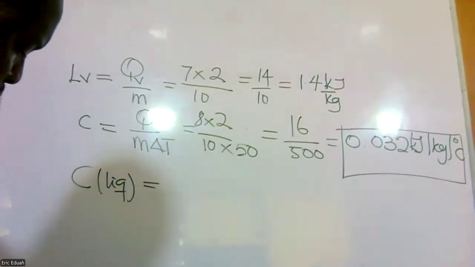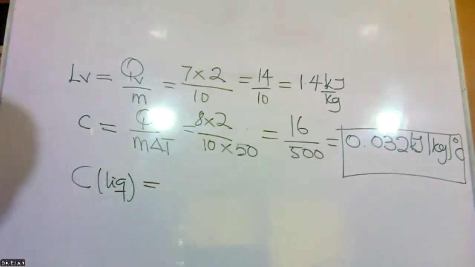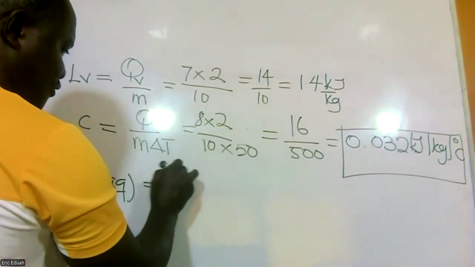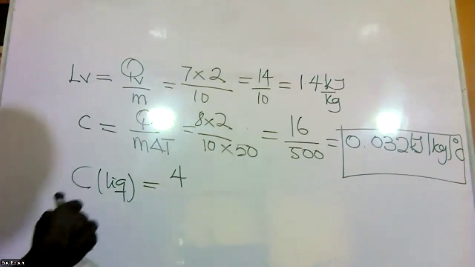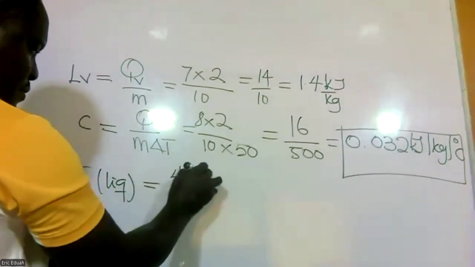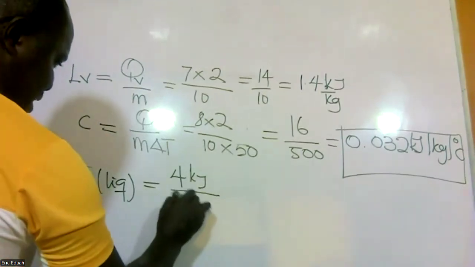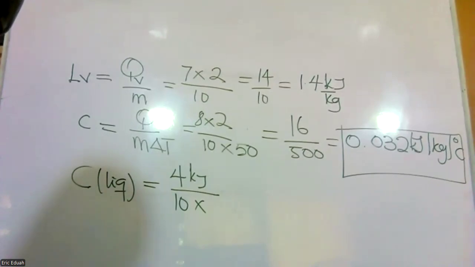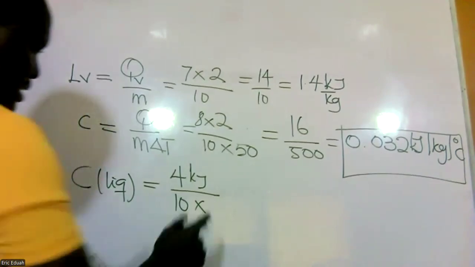Q is 2, so it means 4 kilojoules divided by the mass 10 times the change in temperature. We have 160 minus 120, and this is 40.